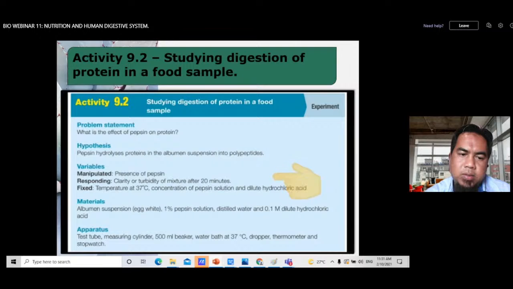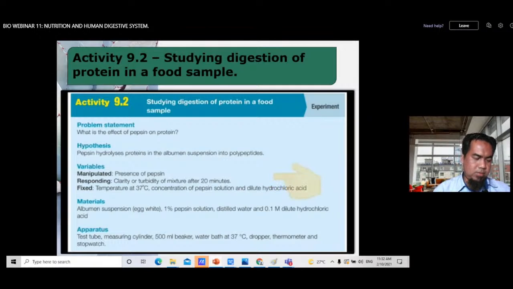And the list of variables is as follows. Manipulated variable: presence of pepsin. Responding variable: clarity or turbidity of the mixture after 20 minutes. Fixed variables: temperature at 37 degrees Celsius, concentration of pepsin solution, and dilute hydrochloric acid.